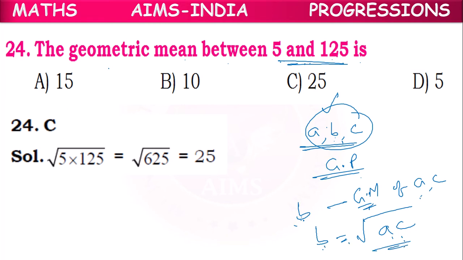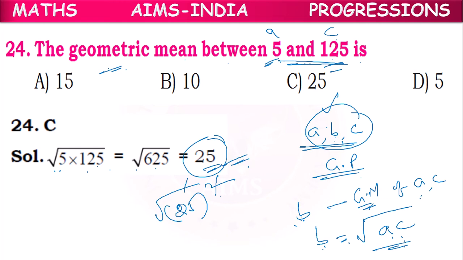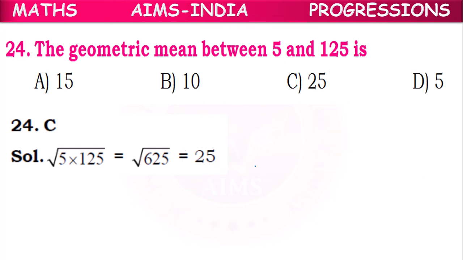According to the formula, the geometric mean value will be root of AC, where 5 is A and 125 is C. Root of 5 into 125, root of 625, means root of 625 can be written as 25 whole square. The square root and square get cancelled. 25 is the answer. So option C, 25, is the answer.